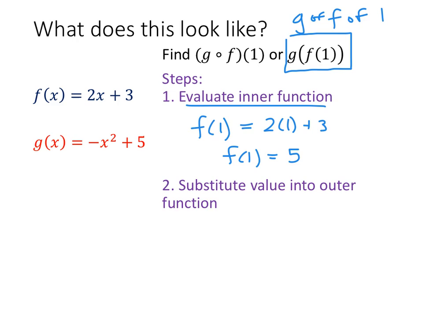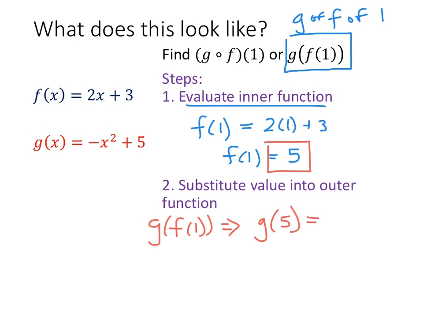Now, I'm going to take that answer and substitute it into the outer function. So g of f of 1 is no different than saying g of 5, because I evaluated f and got a value of 5, and now I'm going to plug that into my function g, which is on the outside.